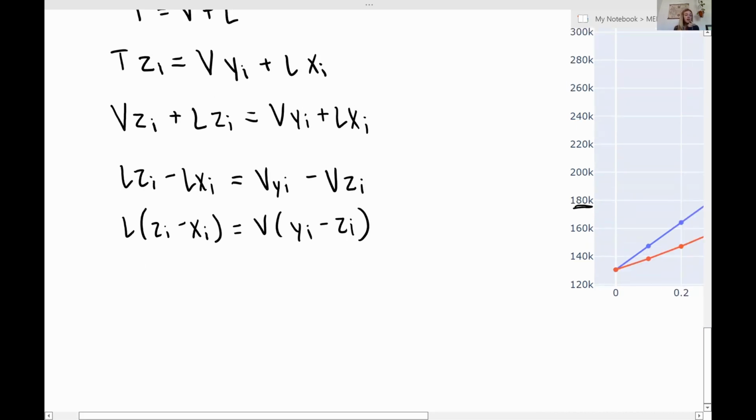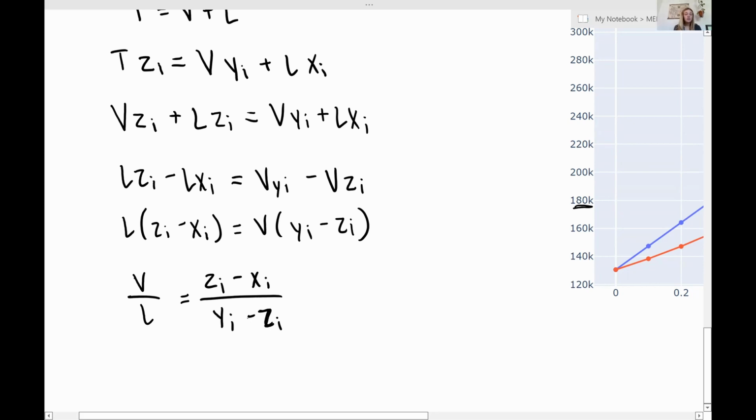Okay, so now we can do some division just to get our fraction of our material in the vapor phase over our liquid phase. So we'll have V over L equal to Zi minus Xi over Yi minus Zi.